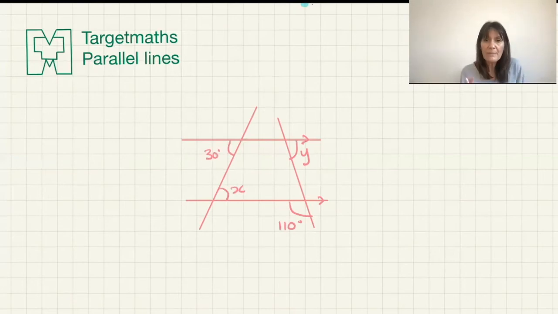So again, we've got to be super confident about what we're doing. We are all about linking the parallel lines. If I try and link this y over here to this 30, then I'm linking this line with this line. And they're not parallel, so it's never going to work. It's always about the parallel lines. So one of the things that you could possibly do, and these are all just ideas, and some are better than others, but you will go with the ones that you like.